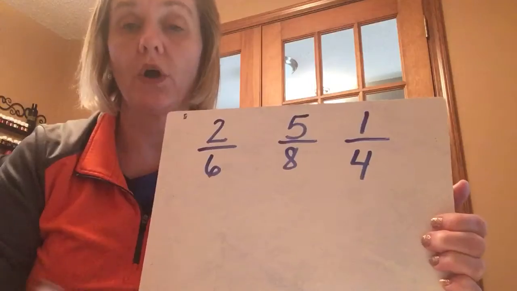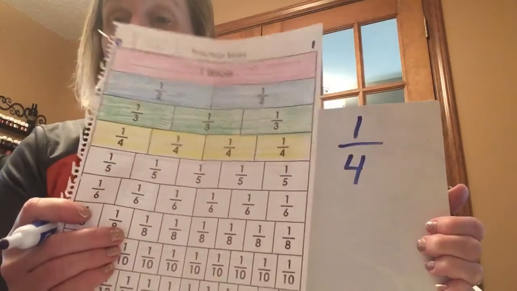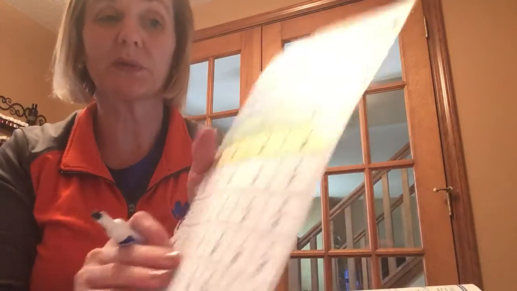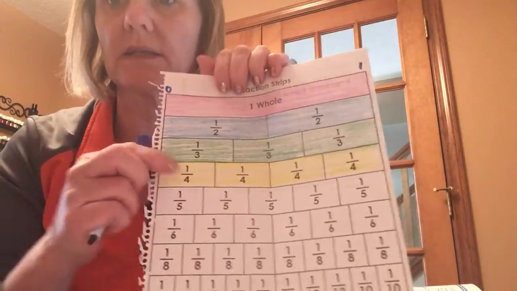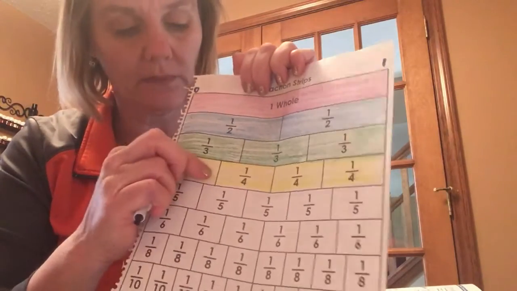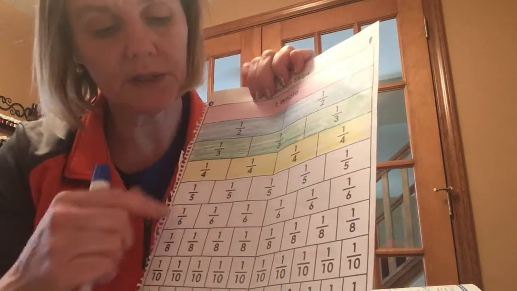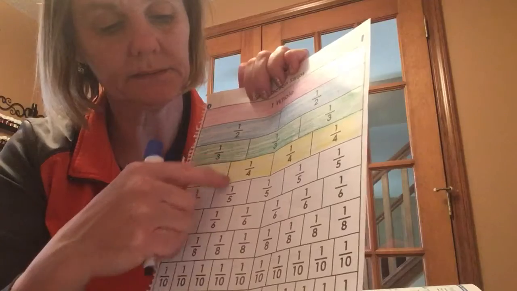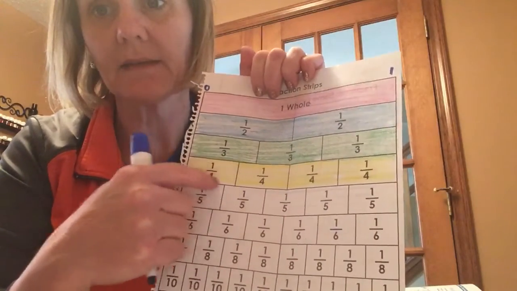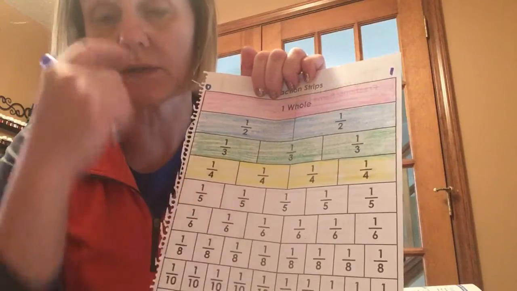Okay, now one way to do it is to pay attention to your fraction strips, which I absolutely would do because this is the easiest way. Okay, so here's 1/4. Here is 2/6. So already I should see that 1/4 is less than 2/6.